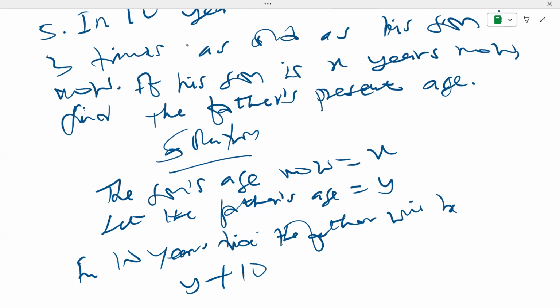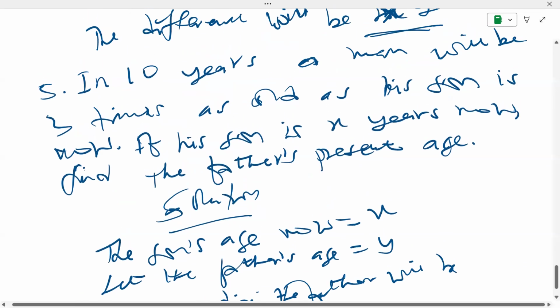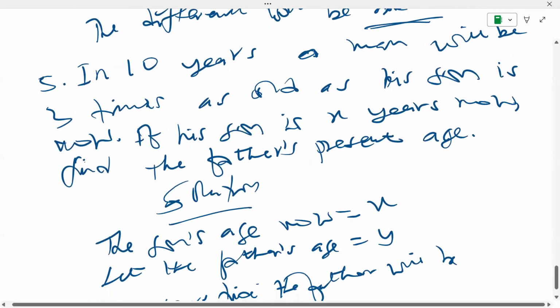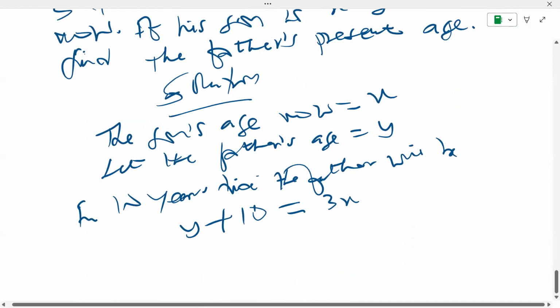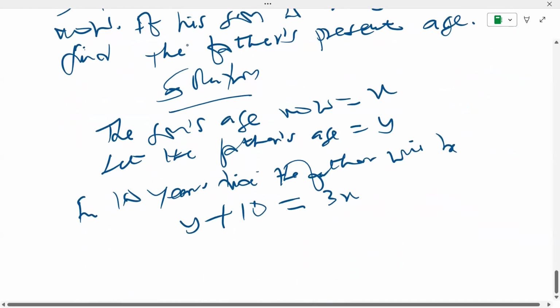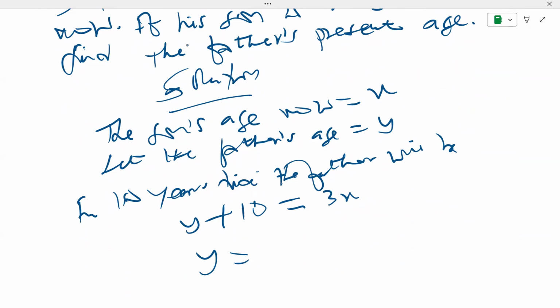And then the father's age is equal to 3 times that of the son as of that time. Because the question says in 10 years' time, a man will be 3 times as old as his son. So this is the equation that we have. So it means that our y will be 3x minus 10.